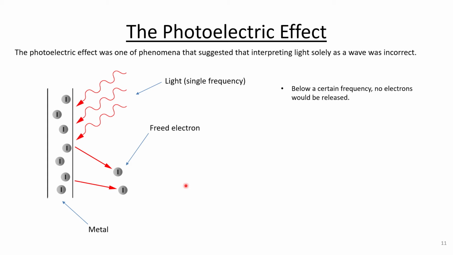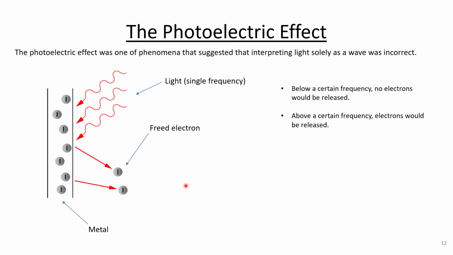Below a certain frequency, and the specific frequency there, that cutoff between no electrons being released and electrons being released, was dependent on the type of metal that was being used. Okay? And as they turned up the frequency, at the time they used a really hot, light bulb kind of thing, and then used a series of filters to get rid of all of the light at different frequencies from the one that they wanted.